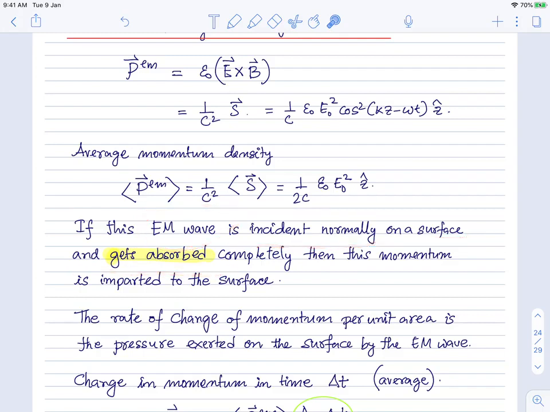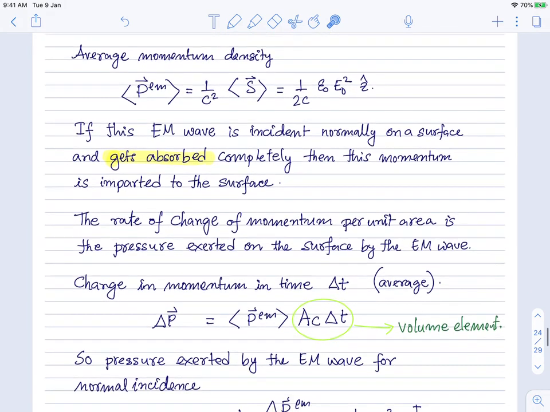So let's say now this electromagnetic wave is incident normally on a surface and it gets absorbed. If it gets absorbed, then it delivers its momentum onto the surface, in time delta t. Of course we are considering an average here, and this average is over a much smaller time period.